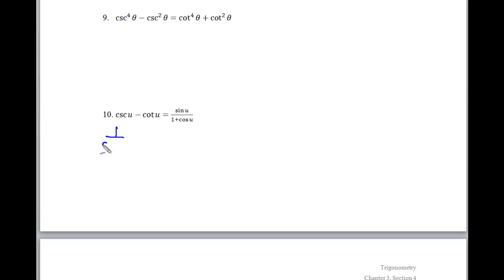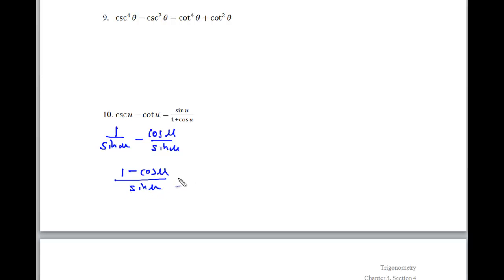So this is going to be 1 over sine of u minus cotangent, which is cosine of u over sine of u. What's kind of nice about that is we actually have a common denominator here. So my numerator is 1 minus cosine of u all over the sine of u in the denominator.